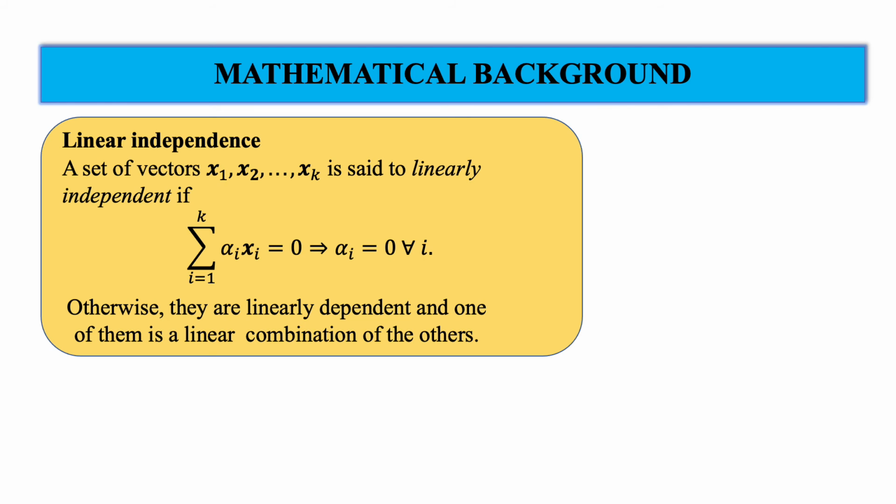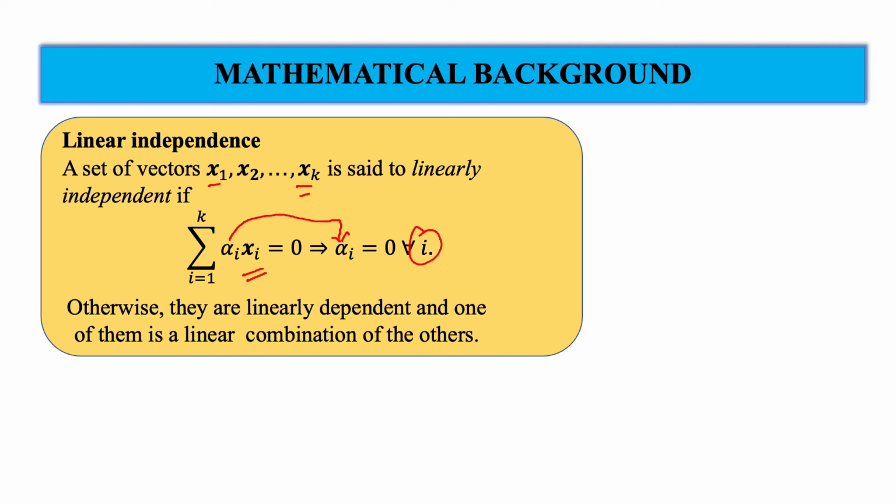Now a set of vectors x1 to xk is said to be linearly independent if the linear combination of those xi equal to 0 means that each of the real coefficients alpha i is 0, for all i going from 1 to k.